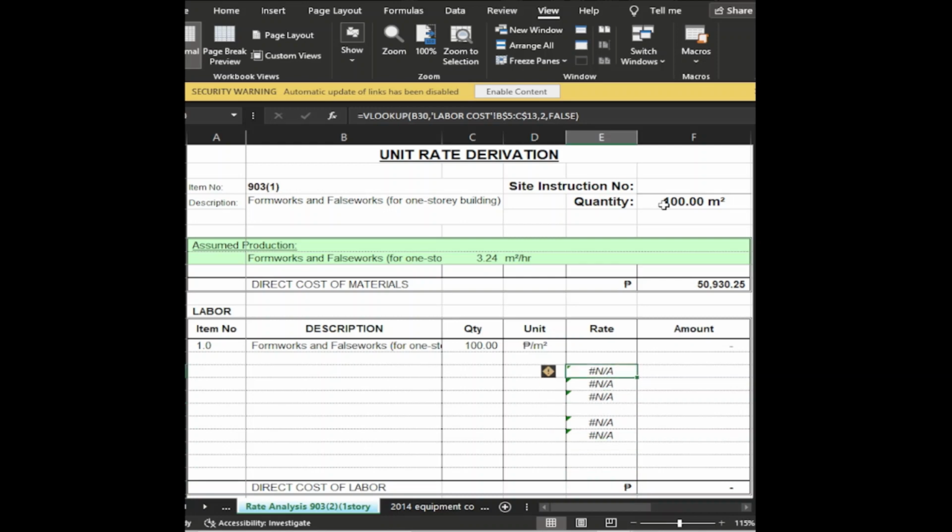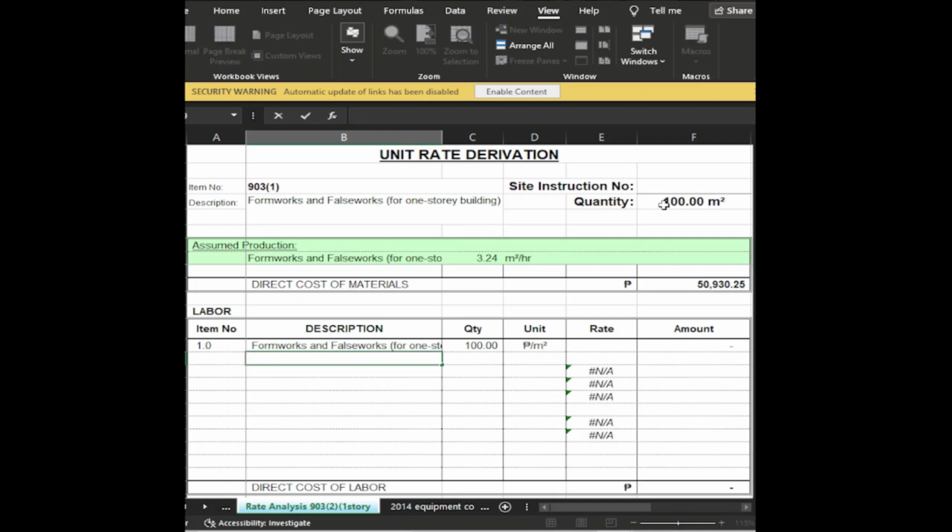So we will put here, guys, installation first, because we have two parts of work here. We are having installation, then after the installation we are going to remove, or we have stripping work for the formworks. The cost of the stripping or the removal of formworks is included here.